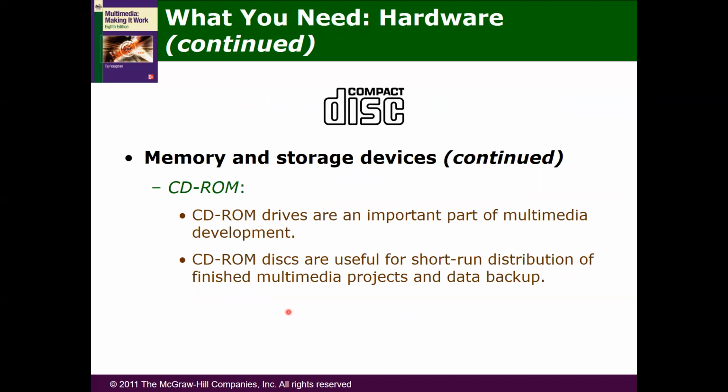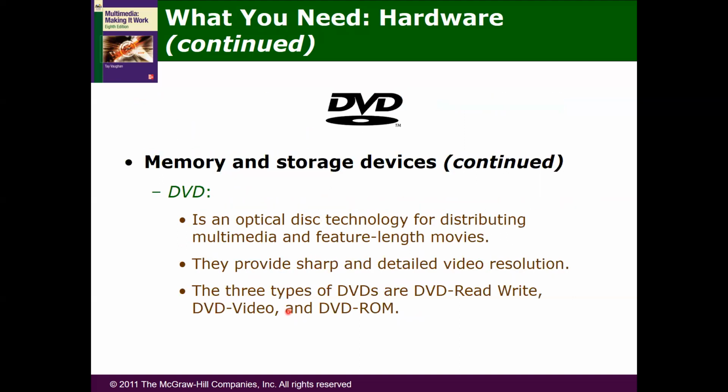CD-ROMs. Now, I will not go over CD-ROMs and DVD-ROMs. These are old technology, and I think we've also gone over them in the previous set of slides. But just notice that this is also one form of a storage device, and multimedia projects can be stored there. There are two ways in which you can store on a CD and a DVD: either burning it or saving it.